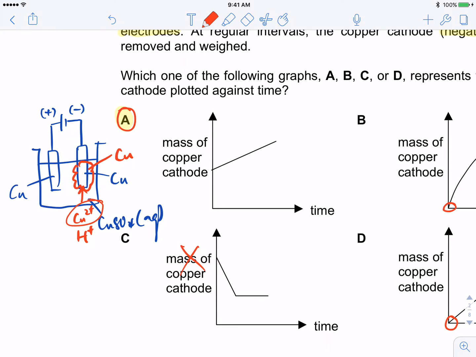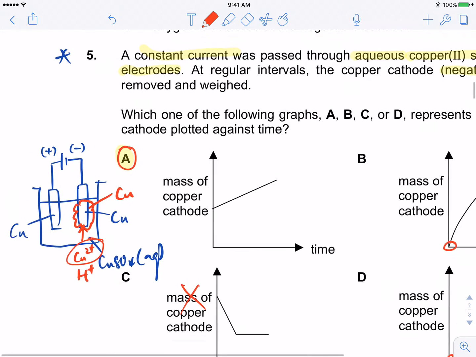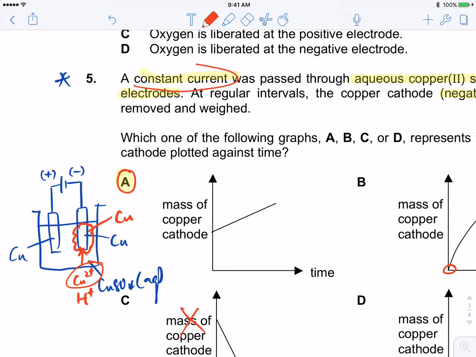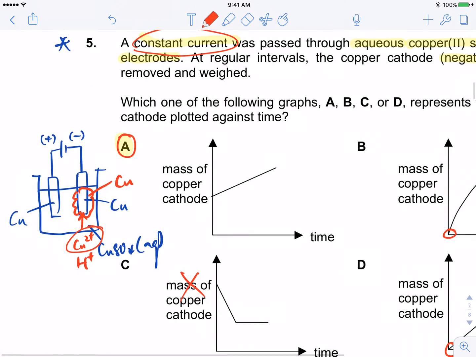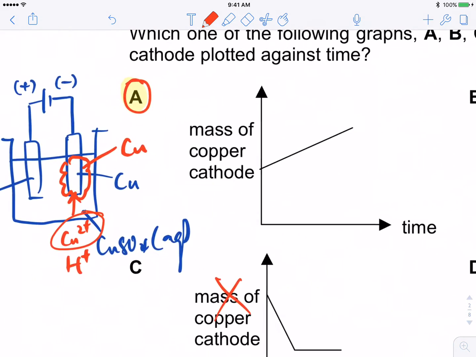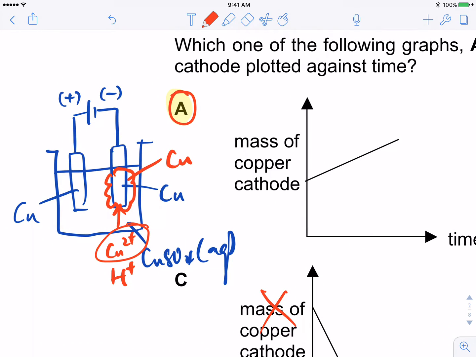Now, why is the gradient a straight line instead of a curve? You must think of a constant current. Because the current is constant, the flow of electrons is also always constant.